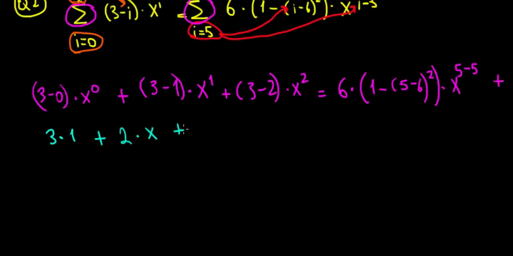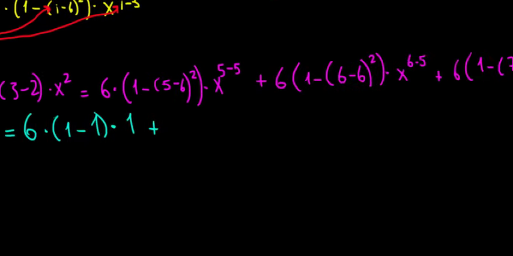Plus 3 minus 2 is 1 multiplied with x squared, is equal to, now from this side, what do we have? 6 times 1 minus 5 minus 6 squared. Well, that's 1 minus 1 squared is 1. So 1 minus 1 times x to the power of 0, because 5 minus 5 is 0, which is again 1.